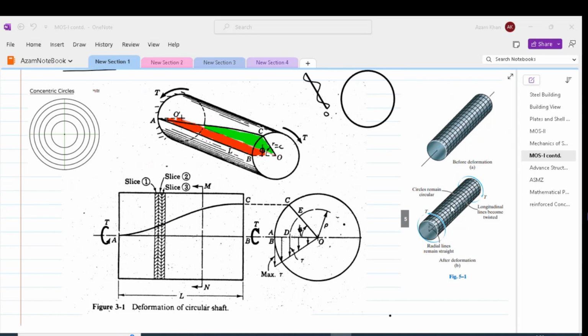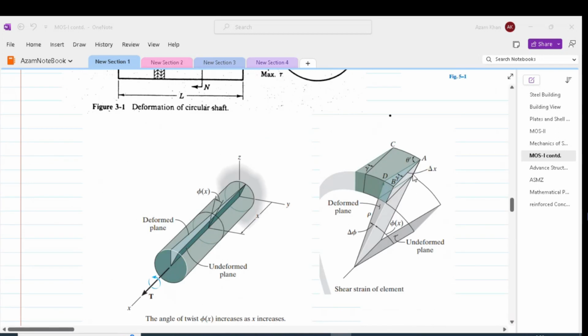After deformation, however, the edges of the element and the angle between them changes and the angle becomes less than 90 degrees. Looking at our isolated element A, B, C, D, initially the angle between AC, which is along the radial grid, and AB, which is along the longitudinal grid, was 90 degrees.